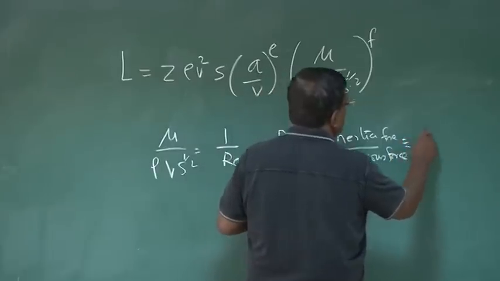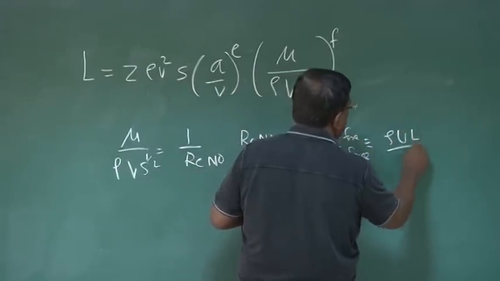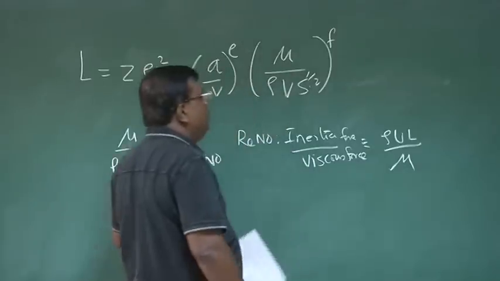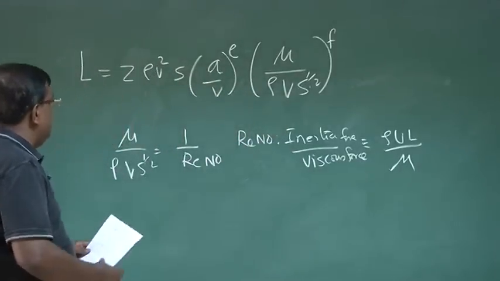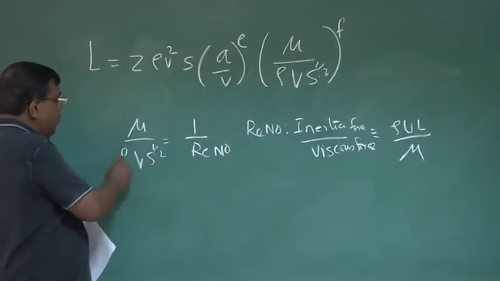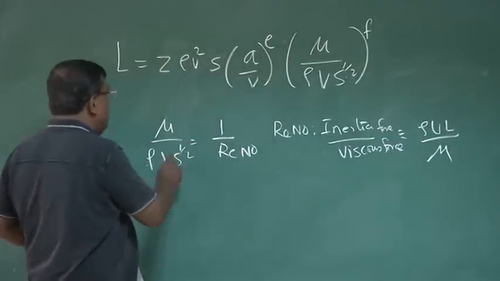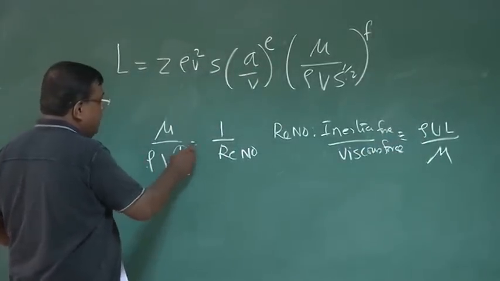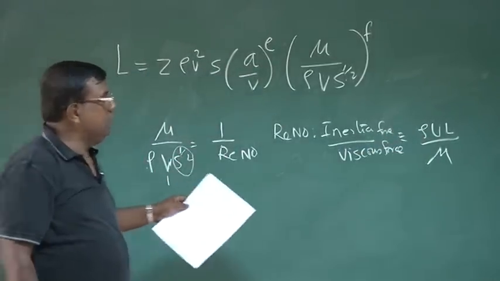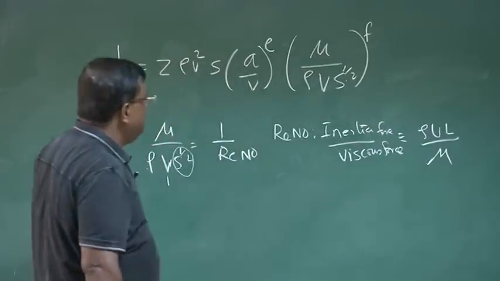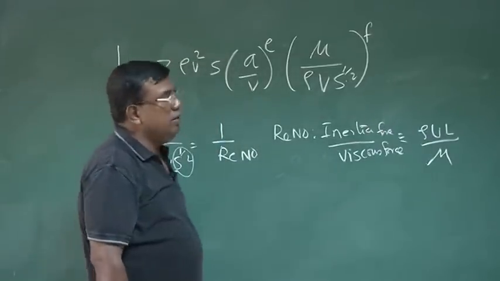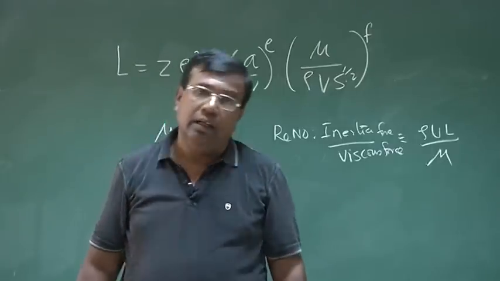One can show the derivation: rho u L by mu, L is the characteristic length. Here rho u, u is the velocity, that is the same V here, and S to the power half has a unit of length. So this is L here. And mu is the coefficient of viscosity for air. Correct?